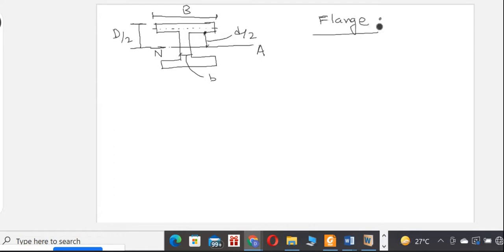So the shear stress distribution for flange, that is this one. Let us consider this part as the EF level.